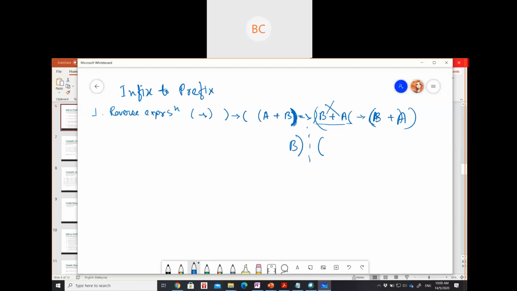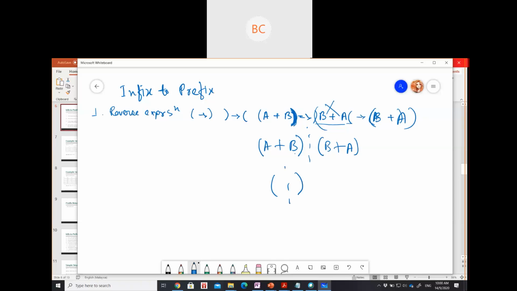Again, this is B. Of course, for B, I'm not going to write a mirror image. The plus will come as it is. Now A here. Now you have this symbol, so the mirror image of this one will be the opposite one, right? The mirror of this one will be the closing one again, correct?